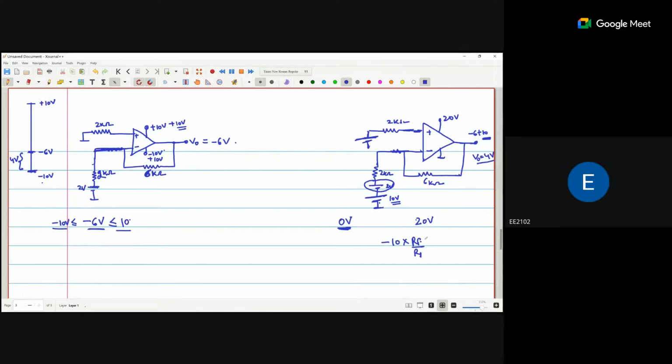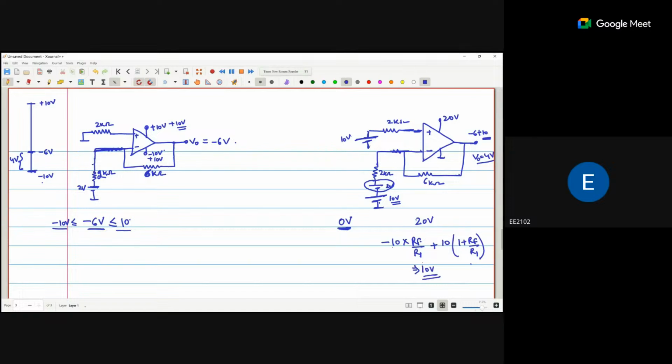Because of this 10 volt, we have a component 10 times (1 plus RF by R1). If I solve this, minus 10 RF by R1 and plus 10 RF by R1 both cancel out. So the remaining is 10 volt.